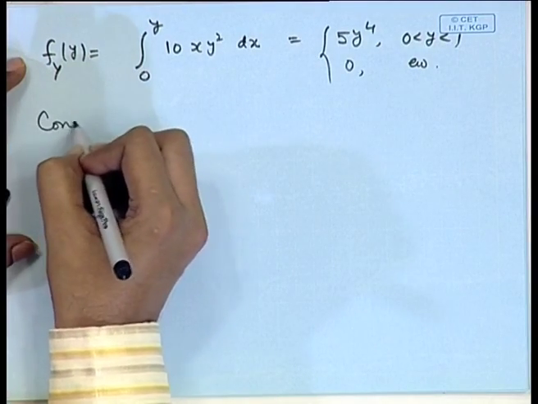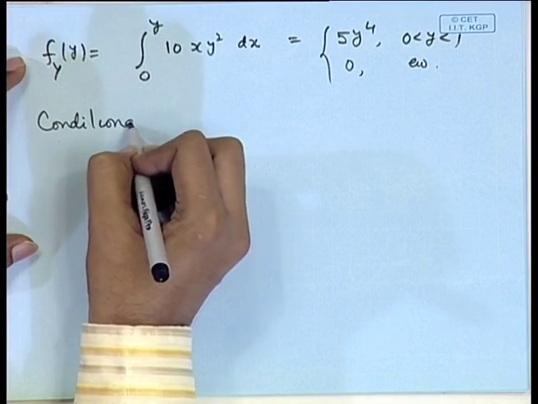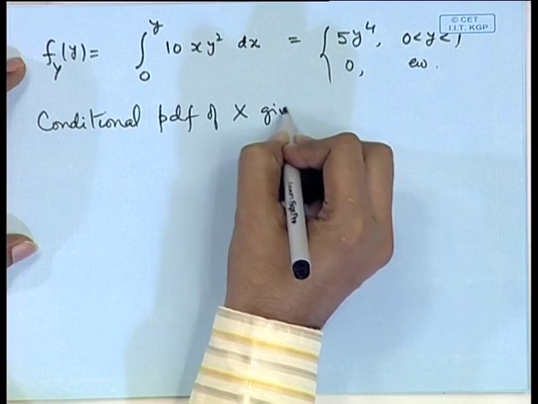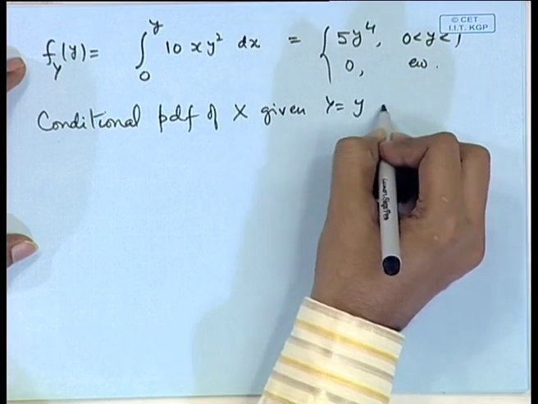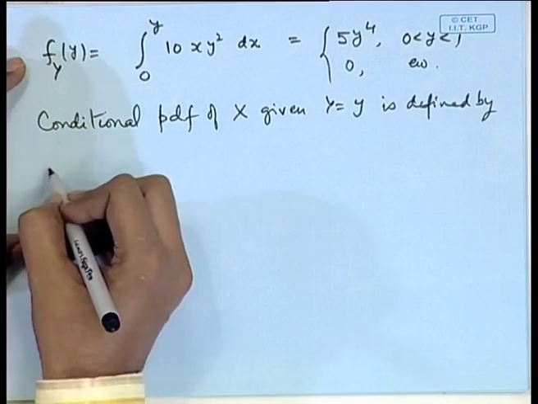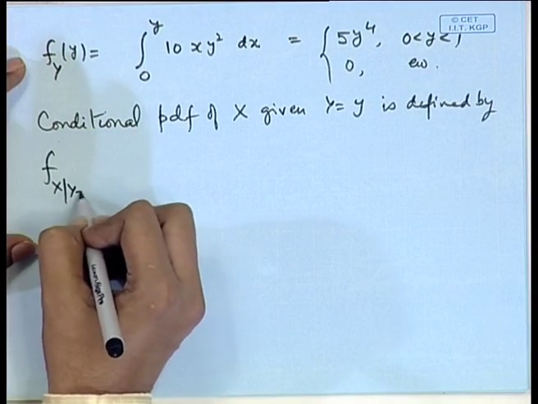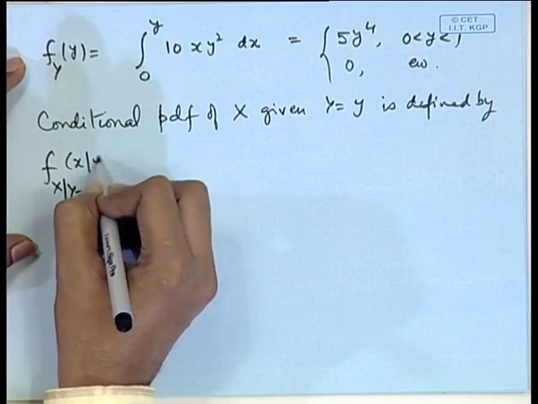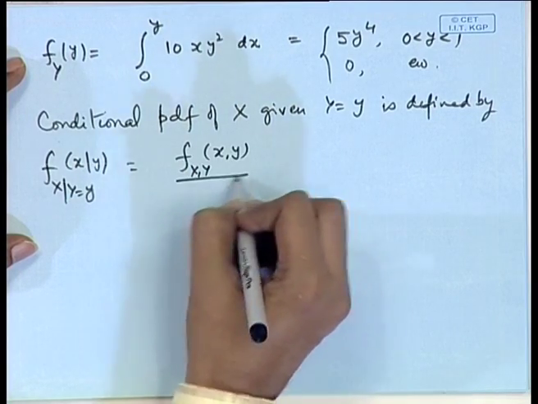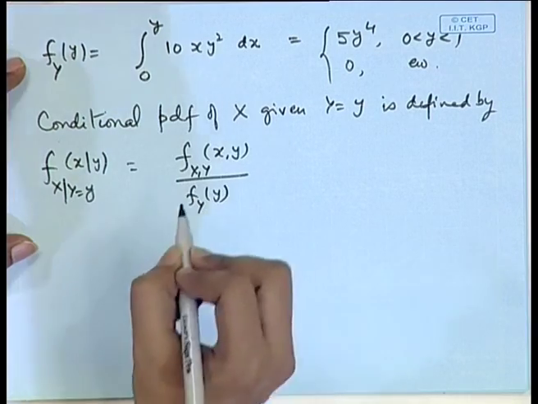The conditional PDF of x given a value of y is defined by f of x given y is equal to the joint distribution of x, y divided by the marginal distribution of y.